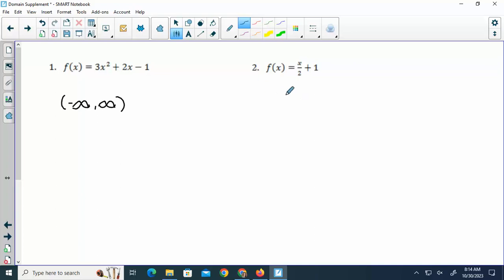Yes. In a fraction, the denominator can't be 0. So that means 2 can't be 0. Does that ever happen anyway? No. Do we have an even radical? No. So what would my domain be? We have a fraction, but the bottom's never 0, so our domain is everything.